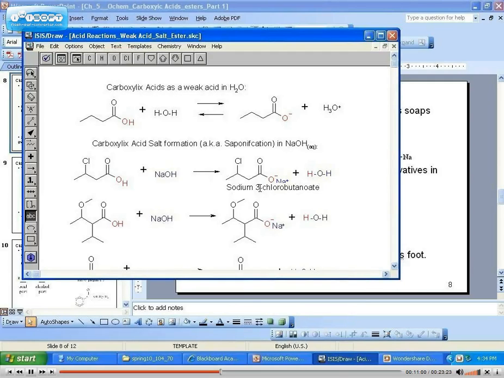Don't want to get the benzene and the butane confused. Butanoate. Sodium 3-chlorobutanoate. Notice, even though it has a functional group chlorine on there, it's just window dressing. It has no actual effect on the reaction.